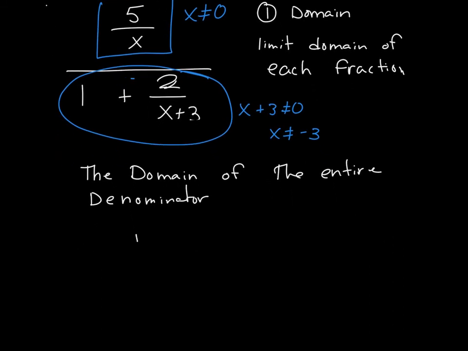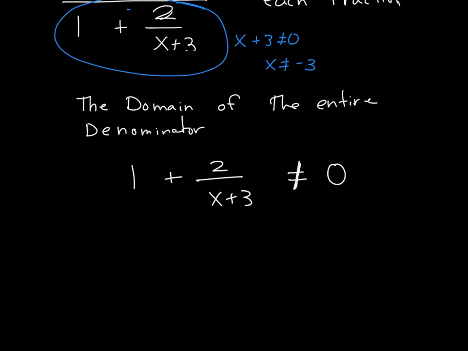So that's saying 1 plus 2 over x plus 3, that whole entire expression cannot equal 0. So to solve this, we'll subtract 1 from both sides, and then we'll be left with 2 over x plus 3 is equal to negative 1. Multiply both sides by x plus 3. And then you would be left with 2 is equal to negative x minus 3.